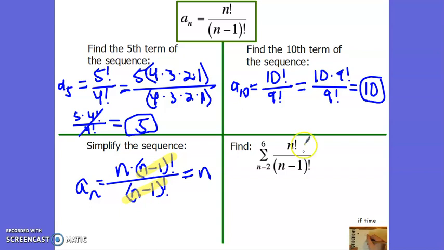Now what that can do for us is, over here for our series, when I go to plug in 2, well, I know that a sub 2 is really just equal to 2. And I'm going to add that on, right, to a sub 3, and a sub 4, and a sub 5, and a sub 6.